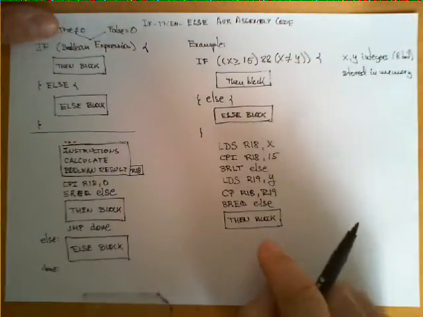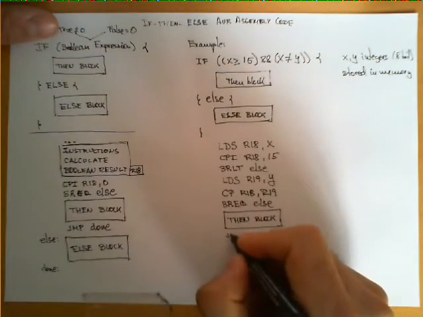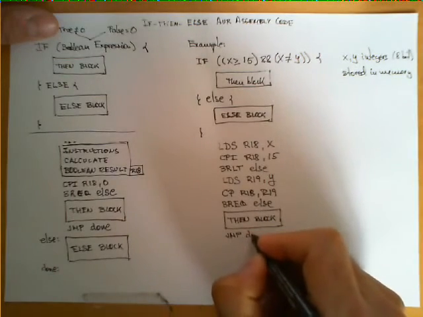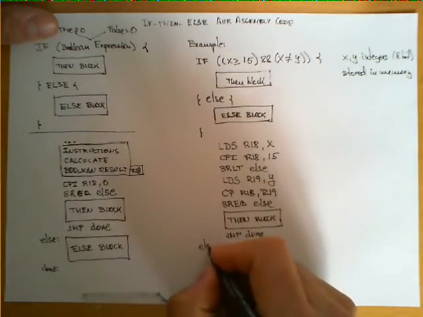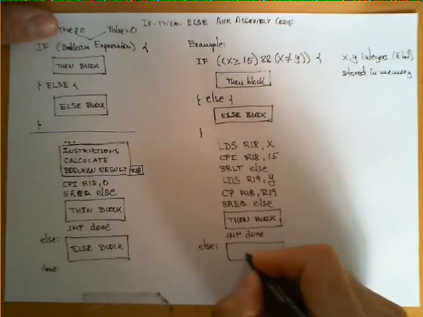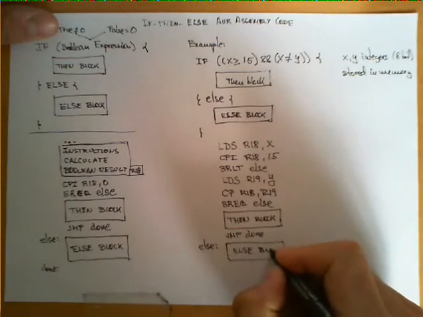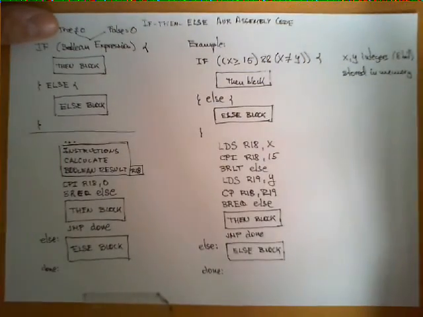And the remaining code here will follow exactly this pattern we just described, which is I just put an unconditional branch after I'm done, and immediately afterwards my label else with my else block, and then finally my label done.